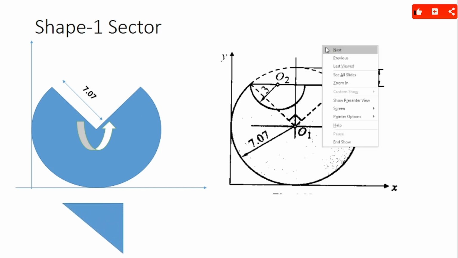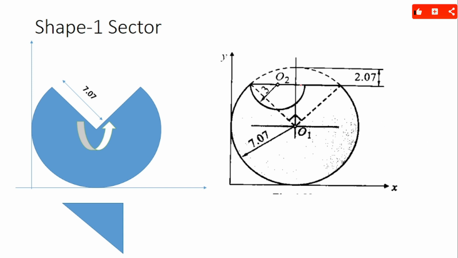For this we will consider this triangle. So this is a triangle. We will find this angle theta. For that we require a dimension. Now this is equal to the radius of the circle, so it is 7.07, and we require this height.